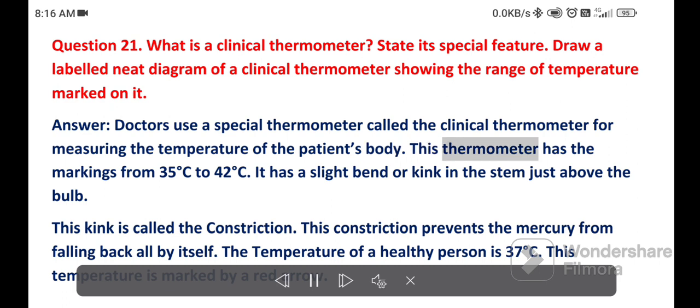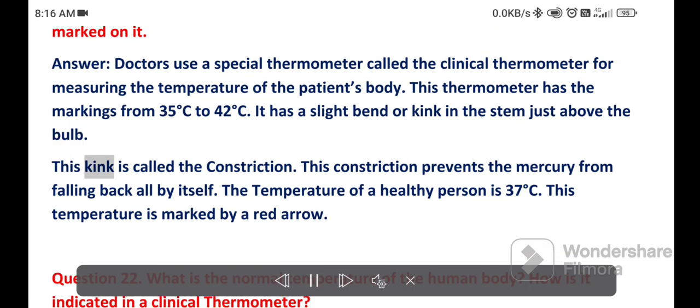This thermometer has the markings from 35 degrees Celsius to 42 degrees Celsius. It has a slight bend or kink in the stem just above the bulb. This kink is called the constriction.